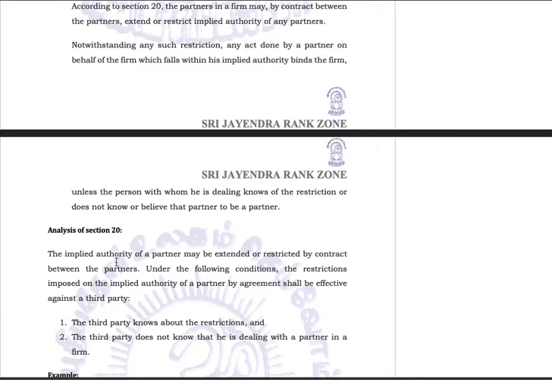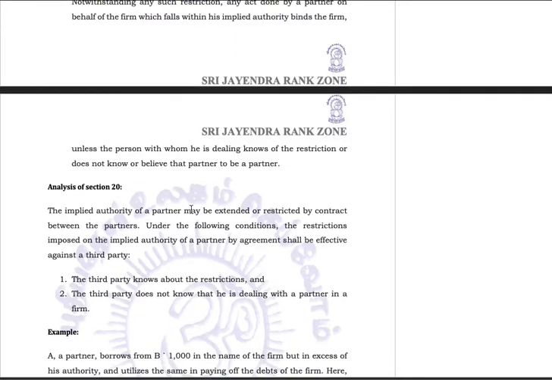The implied authority of a partner may be extended or restricted by contract between the partners. The restrictions imposed on the implied authority of a partner by agreement shall be effective against a third party only under the following conditions. Say we are four partners and we curtail the implied authority of the third partner.